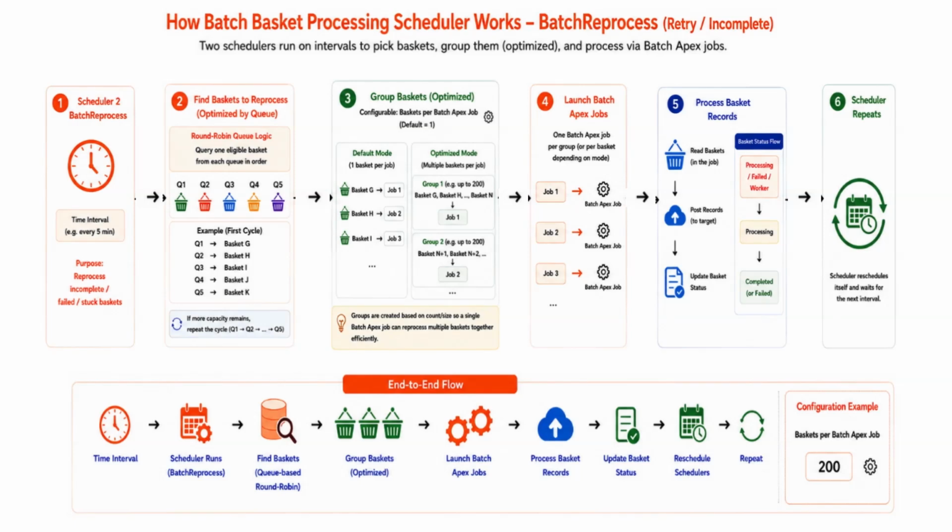We also demonstrated how the BatchProcess scheduler handles new baskets and how the BatchReprocess scheduler automatically retries failed baskets. By using these schedulers, you can automate processing, reduce manual effort, improve performance, and ensure reliable integration across your interfaces.